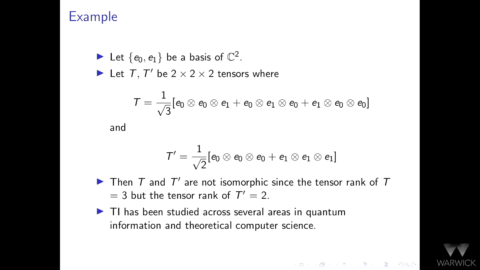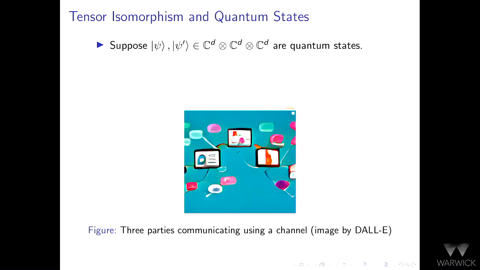These tensors are actually quite special, since the tensors shown here are special examples of quantum states. The tensor isomorphism problem has been studied across several areas, including in quantum information theory.